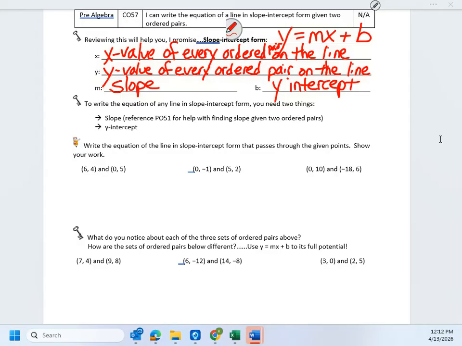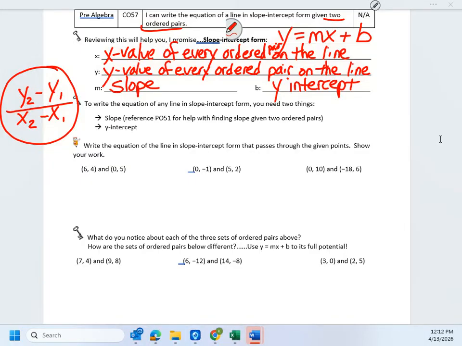Remember, to find that slope, we did y2 minus y1 over x2 minus x1. You guys remember doing that one? Yep. So it's from our last unit. Things that we've learned in the past come back, right? So we need to be able to use this because we are doing two ordered pairs, and this is how we find the slope from two ordered pairs.